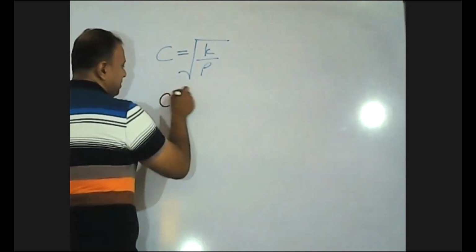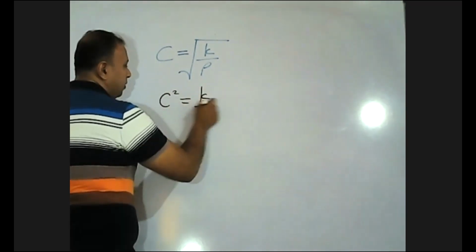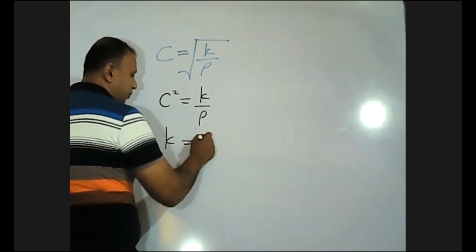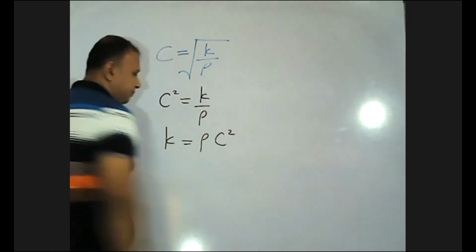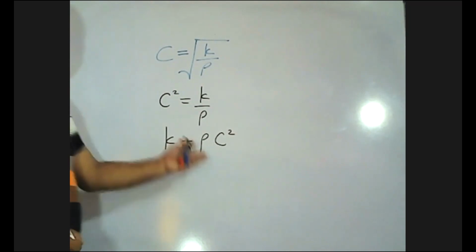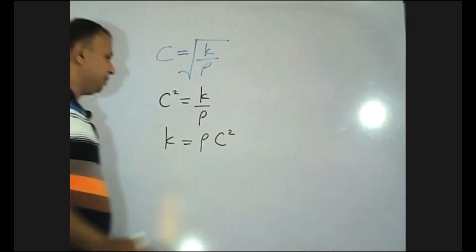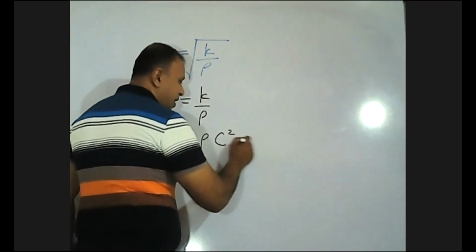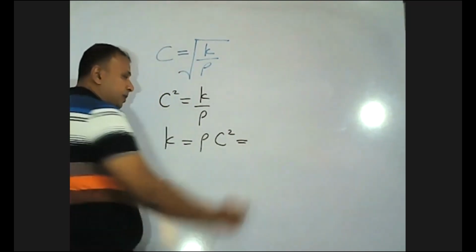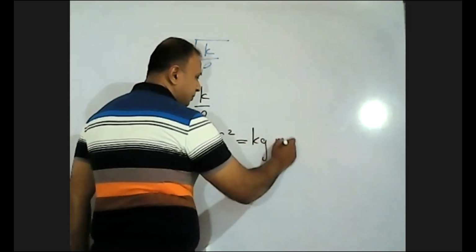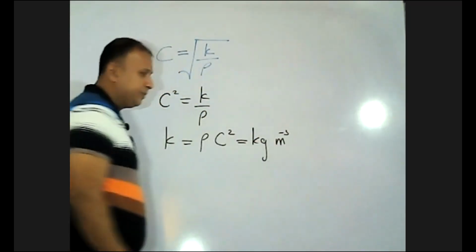So C squared is equal to K over rho. Then K is equal to rho into C squared. Now you can substitute the unit of each physical quantity. Rho is a density, so its unit is kilogram per cubic meter.